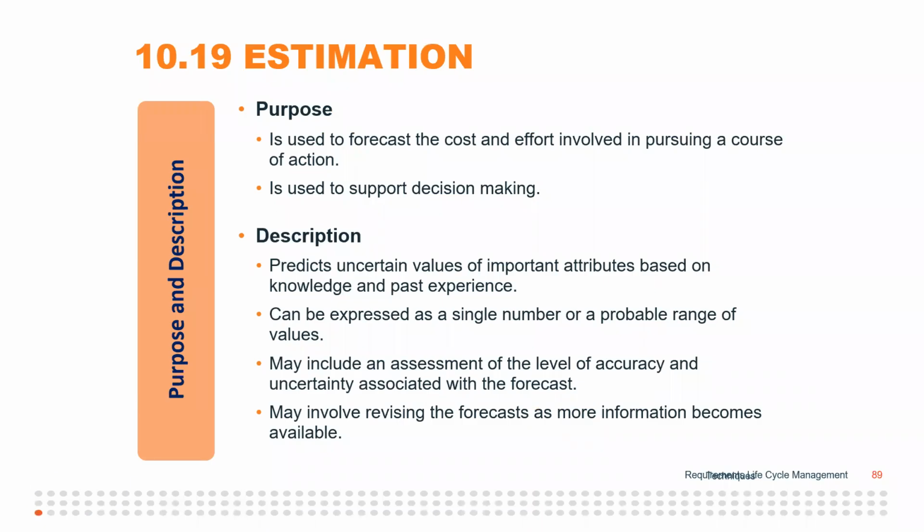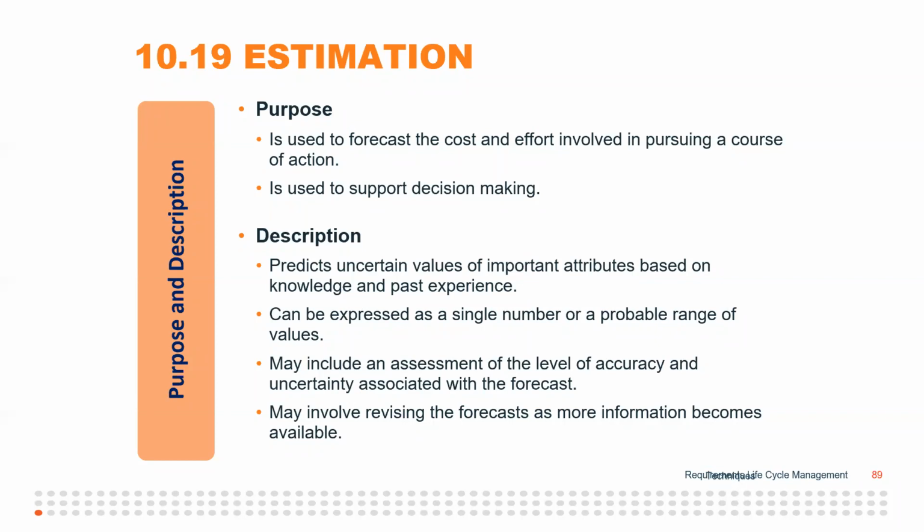So estimation is used to forecast the cost and effort involved in pursuing a course of action, and obviously it helps you make decisions. And then the description of estimation is that it may predict uncertain values of important attributes based on knowledge and past experience.